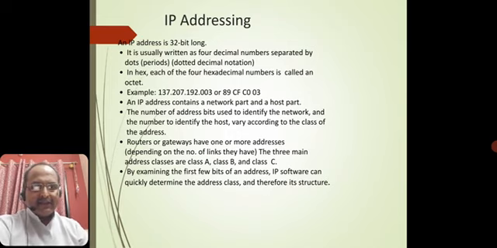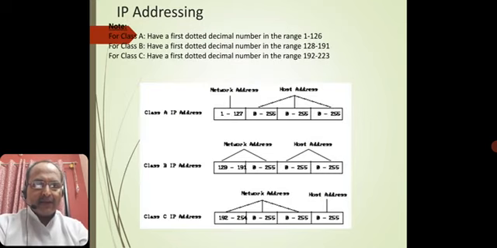By examining the first few bits of an address, IP software quickly determines the address class, and therefore its structure, which we are going to use in the next few sessions.